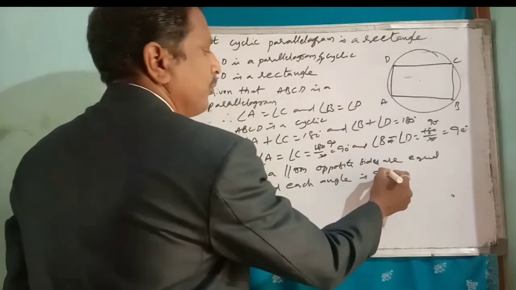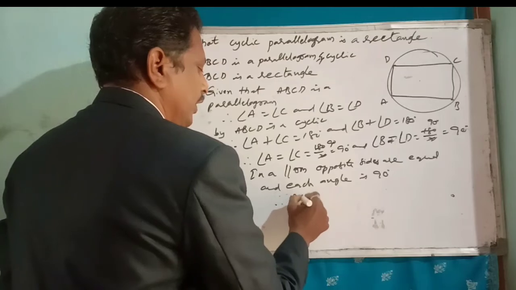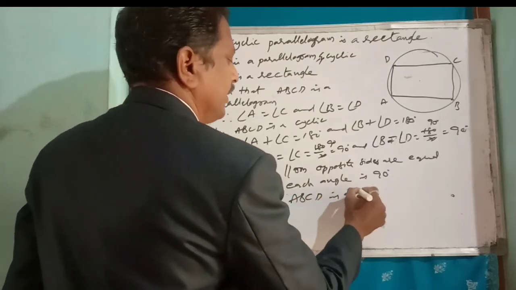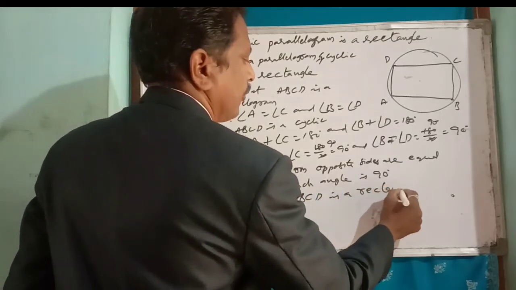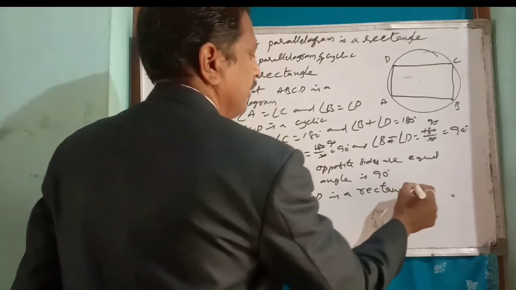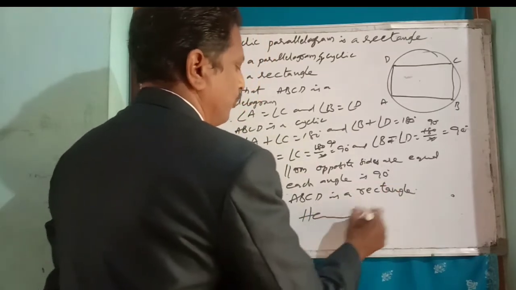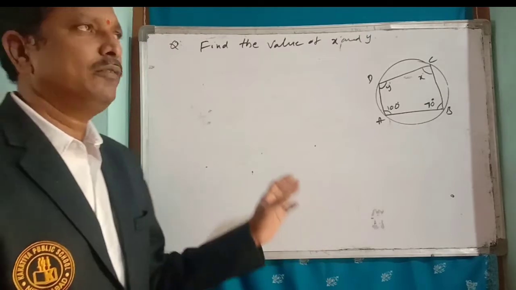Therefore, it must be a rectangle. Therefore, ABCD is a rectangle. That's all. Hence proved.